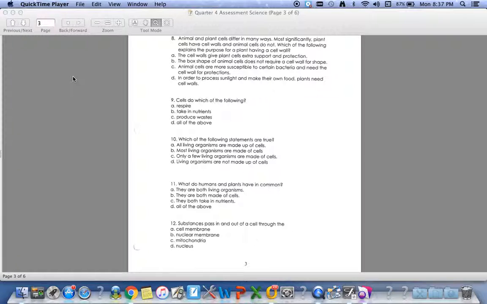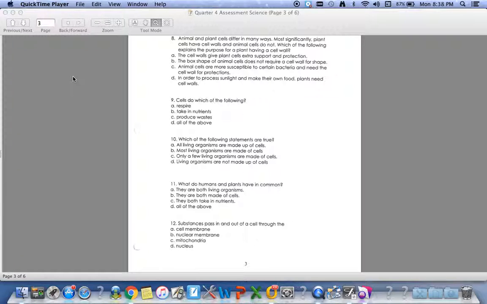Number 8. Animal and plant cells differ in many ways. Most significantly, plant cells have cell walls and animal cells do not. Which of the following explains the purpose for a plant having a cell wall? A. The cell walls give plant cells extra support and protection.